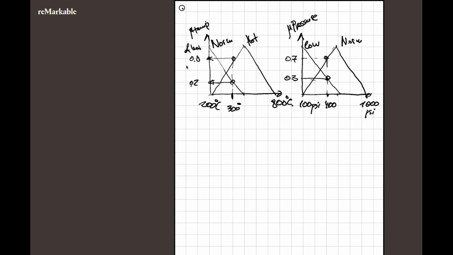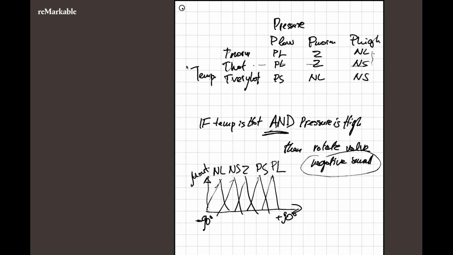So now we need to map. We need to select all the possible cases where this output is applicable. So we need to select these cases of normal and hot, and low and normal activations over here. And these are, in principle, possible outcomes on the output fuzzy set.